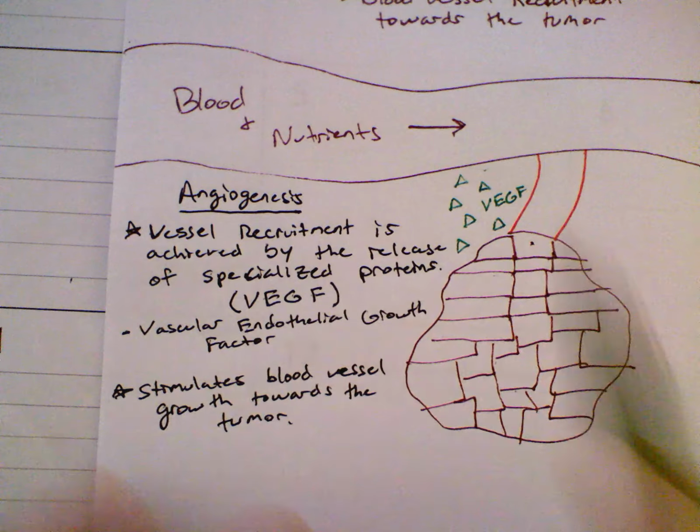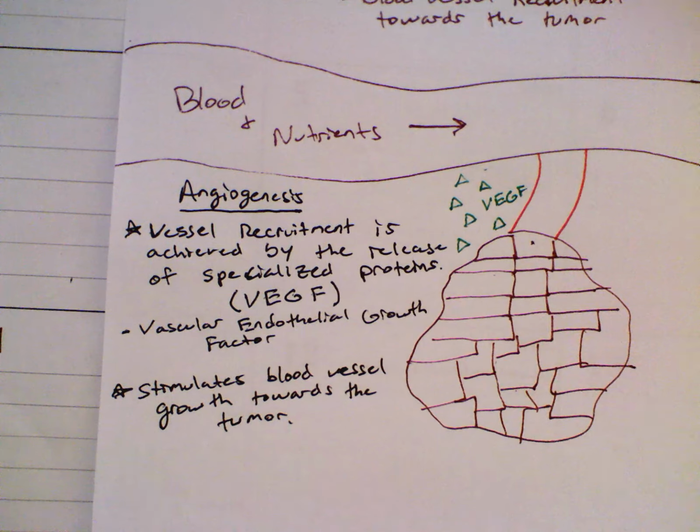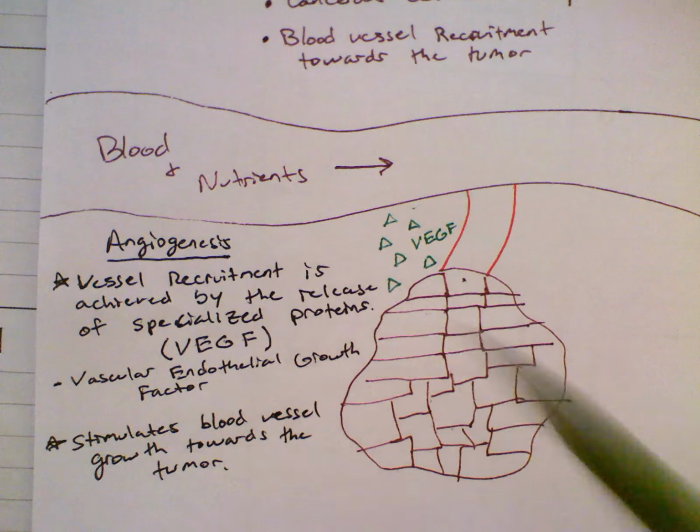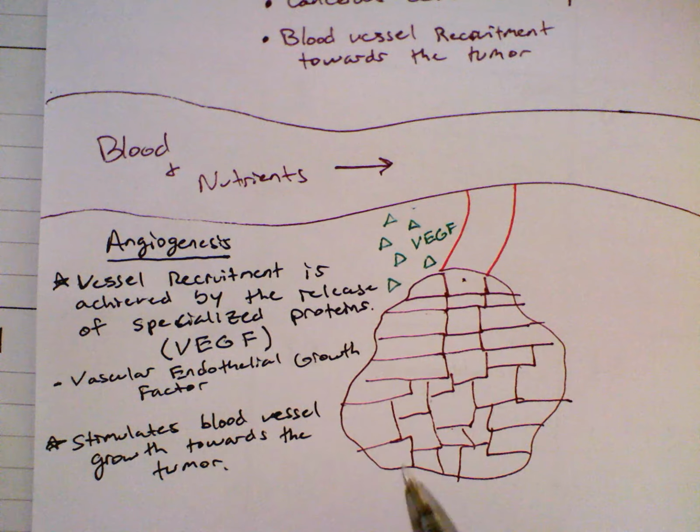And this protein is used in normal blood vessel formation. This isn't some special thing that cancerous cells made up. This is something that naturally exists in our bodies, but this process is hijacked by these cancerous cells.